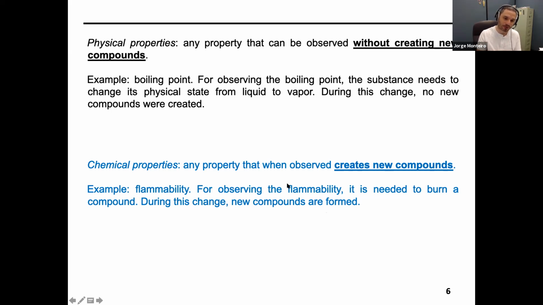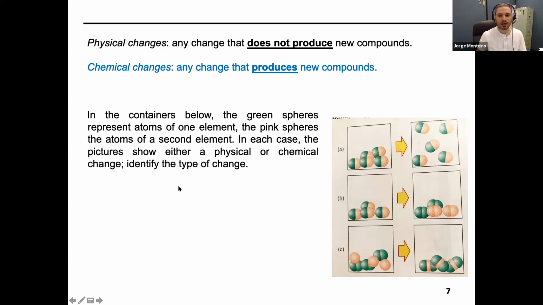And the chemical transformation or chemical property is the exactly opposite. Okay, so if you compare start and end, you are going to see that new compounds were produced. And the examples I gave you for physical property was boiling point and chemical property flammability. Okay, now let me show you physical changes and chemical changes.